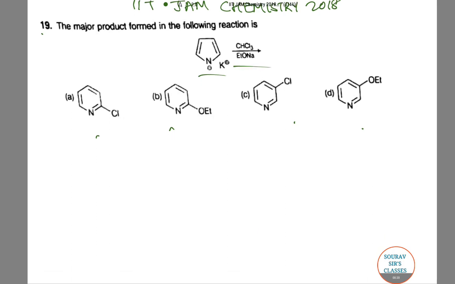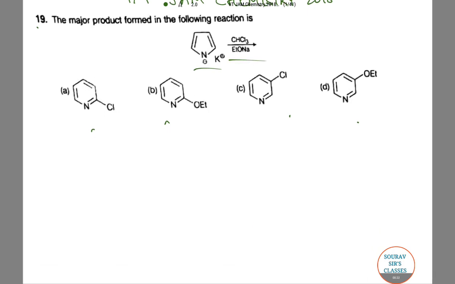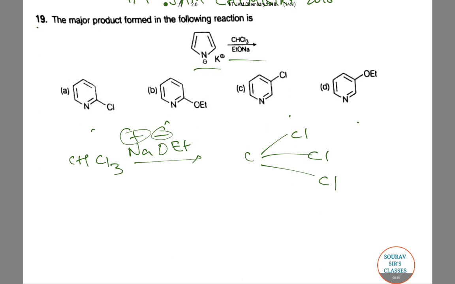So starting with the question, we first will start with the reagents. CHCl3, as we know, in presence of NaOEt plus minus, will give us CCl3 with a negative charge over here, and we know that Cl or chlorine is a highly electronegative atom.